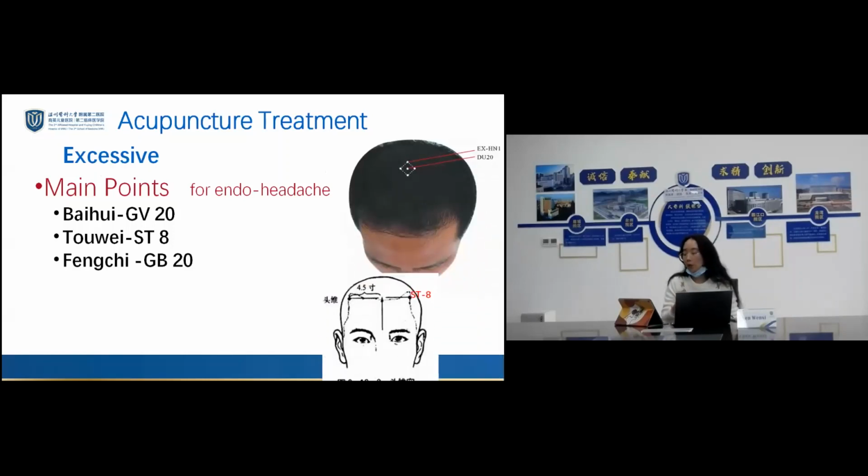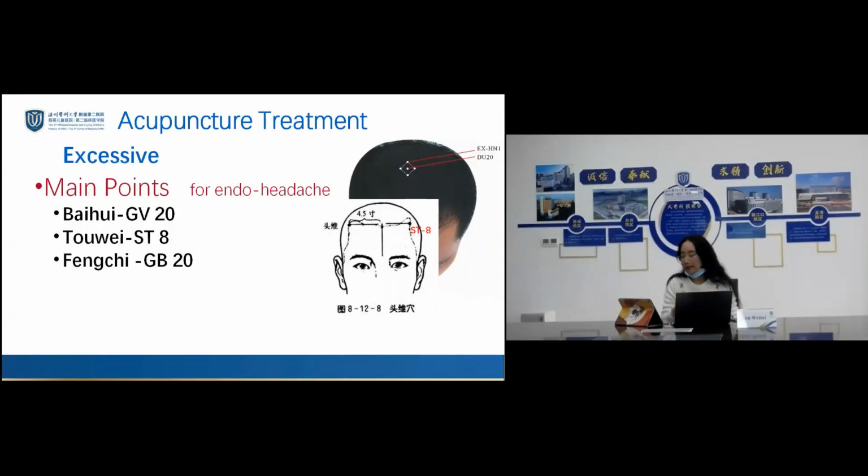And then Tou Wei, stomach 8. This point is located half a cun above the front hairline and 4.5 cun away from the front midline. And if you want an easier way to find it, you can find the corner of the front hairline, and that's where it is located. That's Touwei.